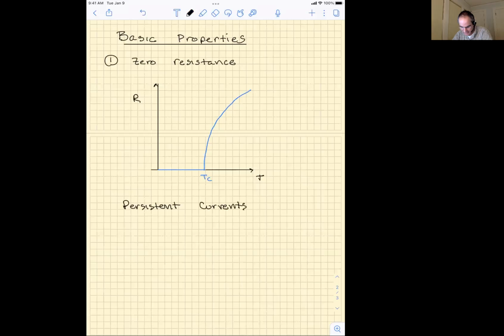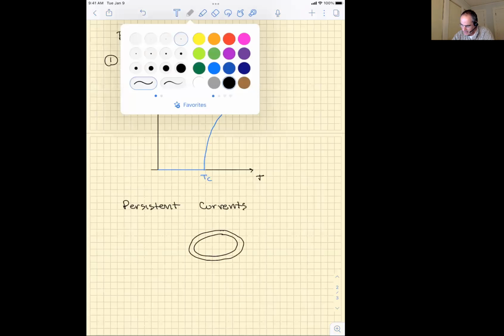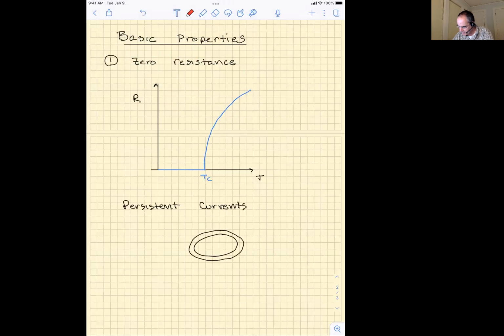Let's see if we can illustrate this. Imagine the following. Imagine we make a ring of superconducting material. Okay? And now we're going to heat it up to a temperature above the transition temperature, so it's normal.